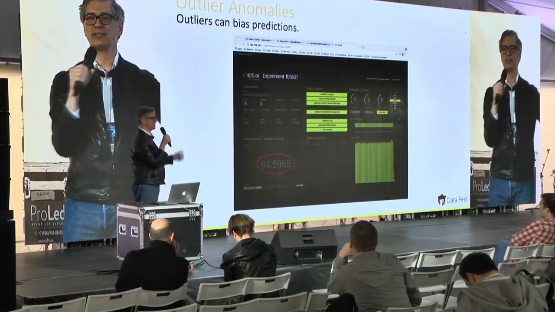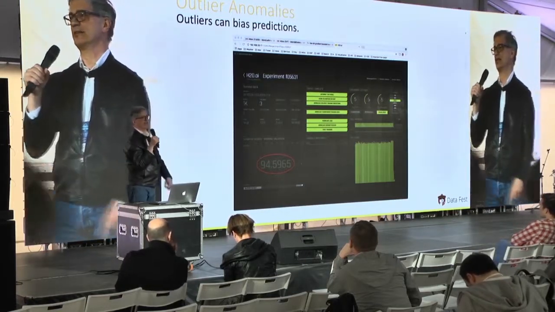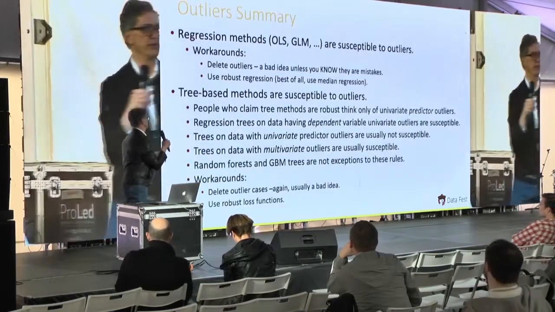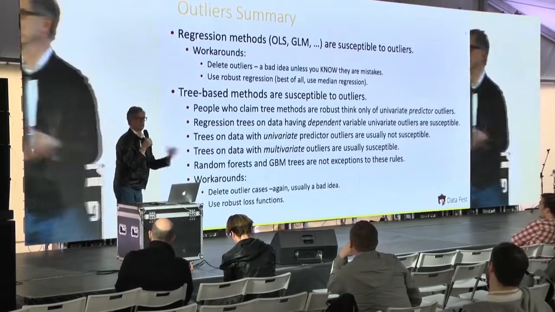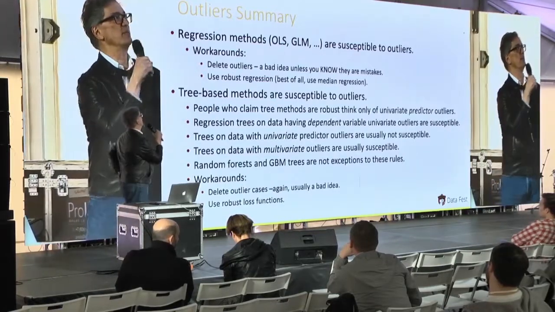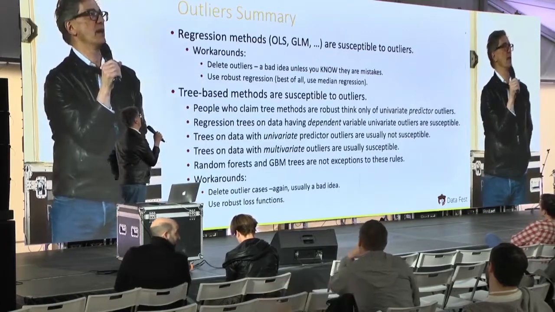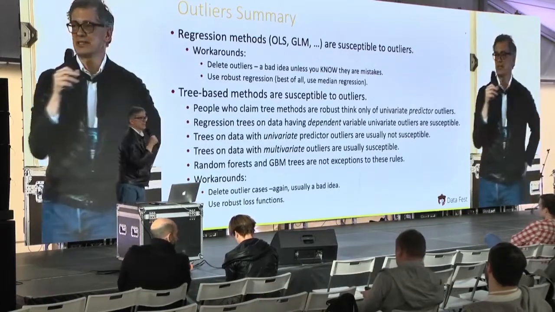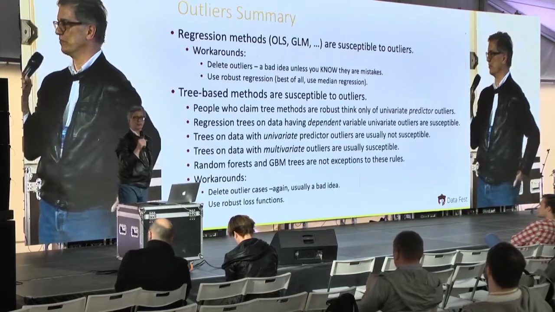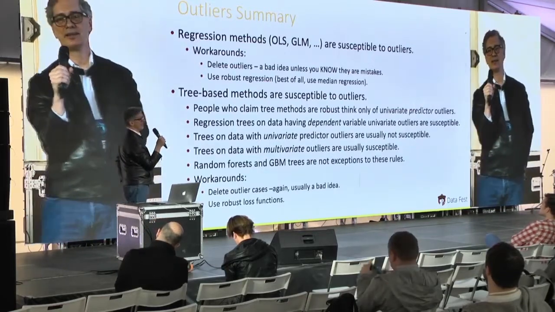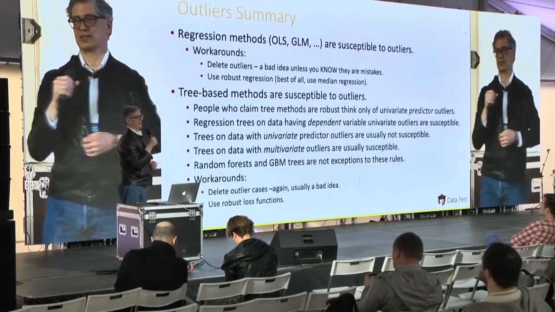It has paid attention to that outlier in the fitting. Now, there are some methods that can deal with this problem, and they generally involve robust methods. I will say at the outset that deleting outliers before you model is not generally a good idea, unless you know what caused them.